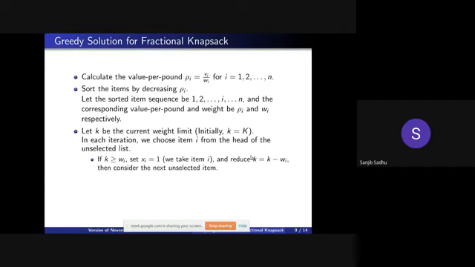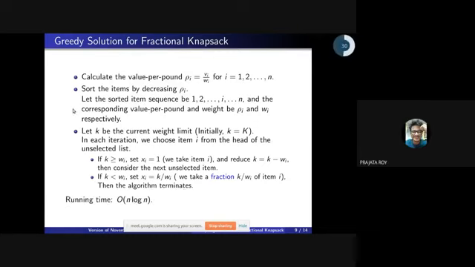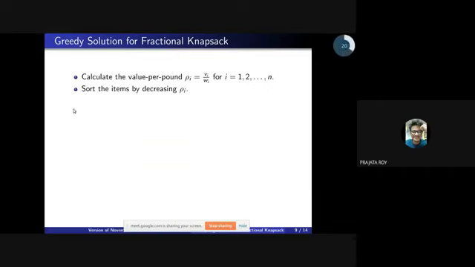So you have to update the value of K also, and then consider the next item. Here you set Xi to K by Wi, that is, a fraction of this item. Then the algorithm terminates. This is the greedy solution. Sir, could you go to the previous slide? I just need to tally it with the solution that we had.